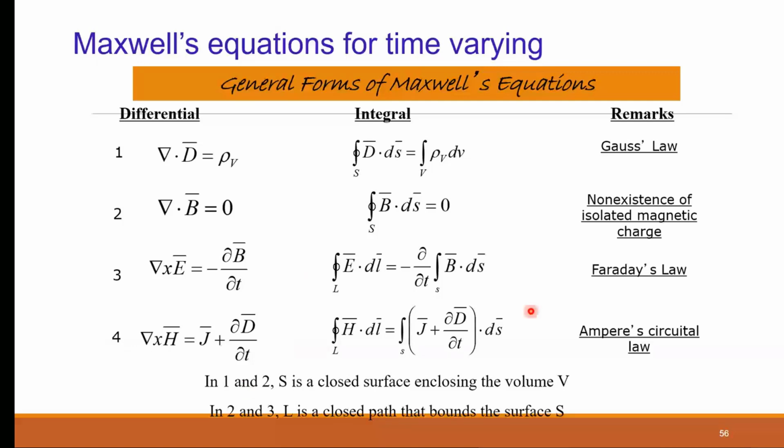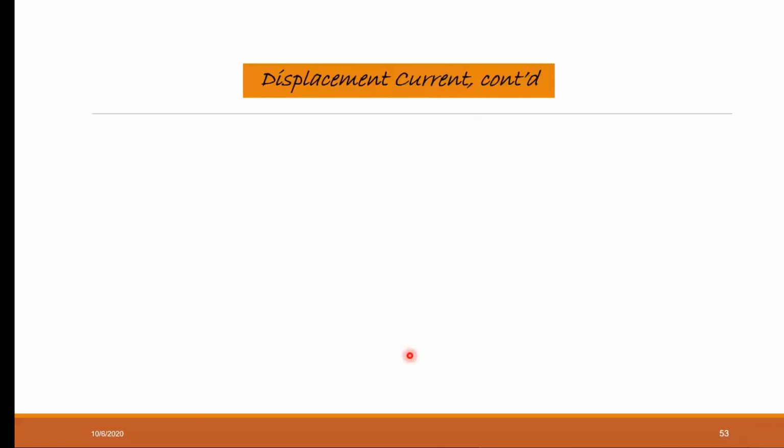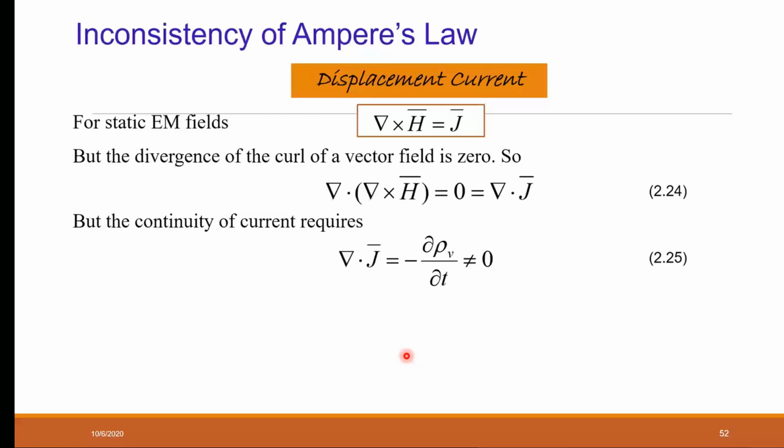So in 1 and 2, S is the closed surface enclosing the volume. And in 3 and 4, L is the closed path that bounds the surface. So these are the main equations, and one more equation is there, no? The continuity equation: closed surface integration of J_c into ds is equal to minus dou by dou t of integral of rho v dv.